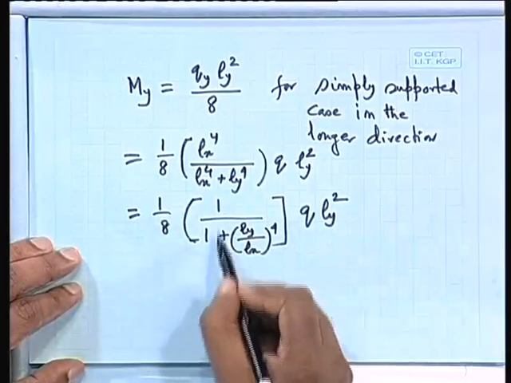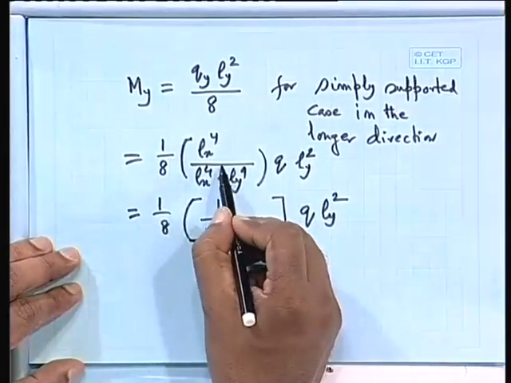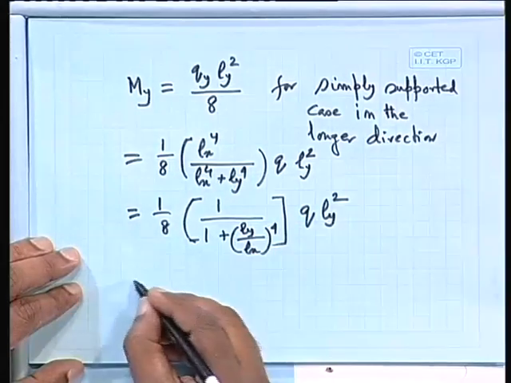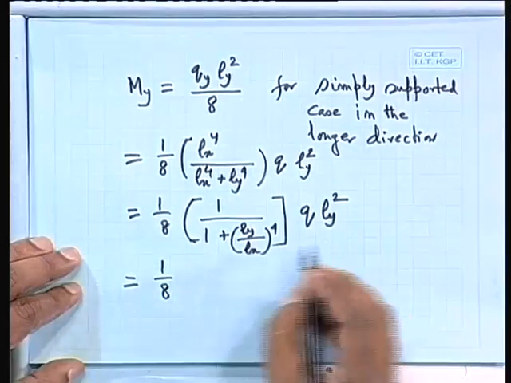That is 1 by 8, 1 by 1 plus Ly by Lx to the 4, q L square, just I have divided by Lx to the power 4, which we can further write down as 1 by 8.